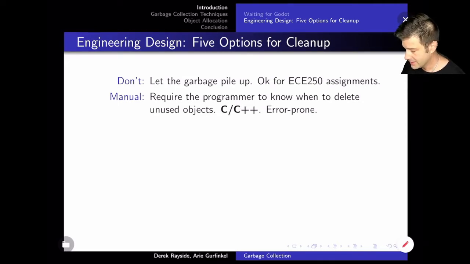The benefit is that it gives the programmer a lot of flexibility. You can decide when to remove the object and how to engineer your system so it's done most efficiently. But it's very error prone, because if you have to think also about when to clean up objects, you can make mistakes and forget to clean them up and leave objects behind.